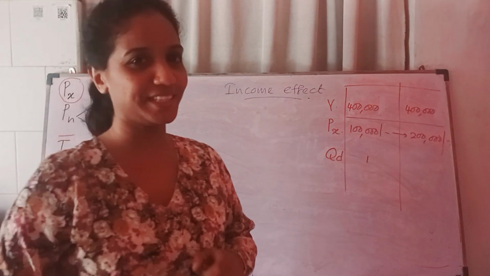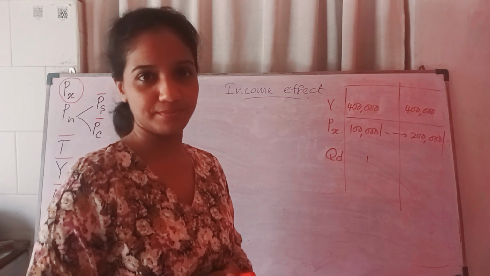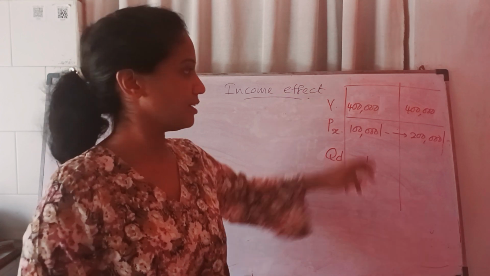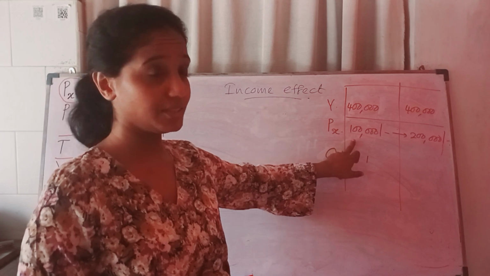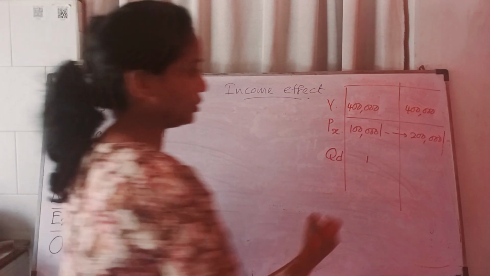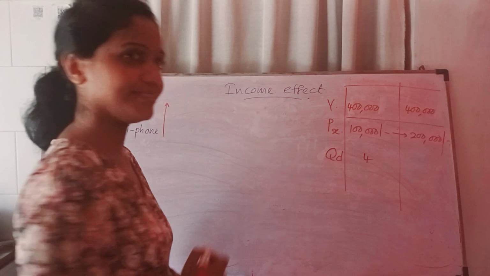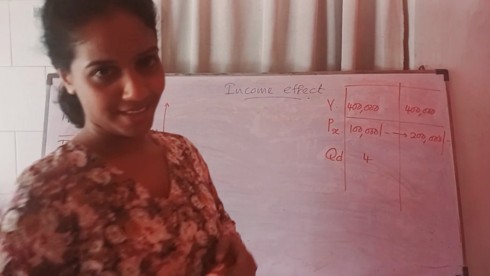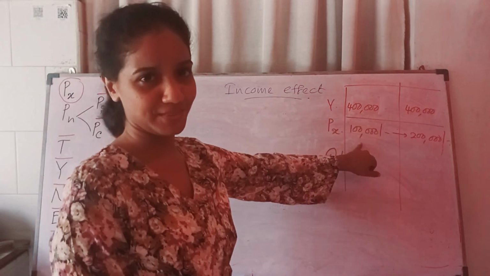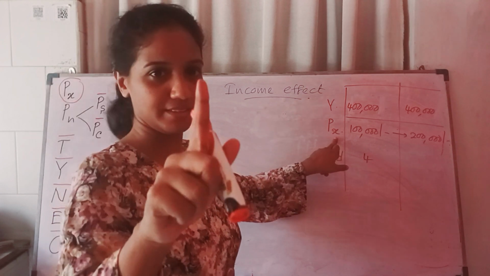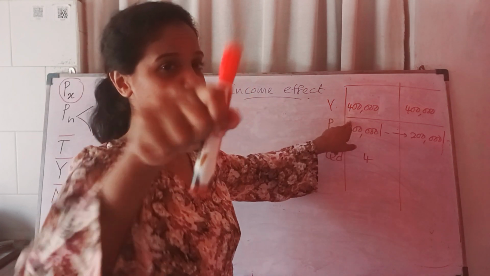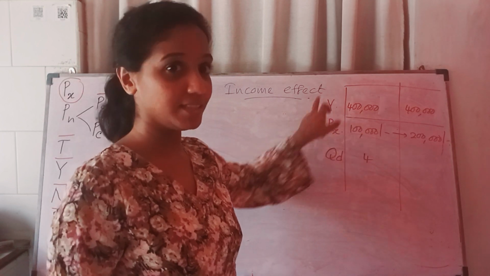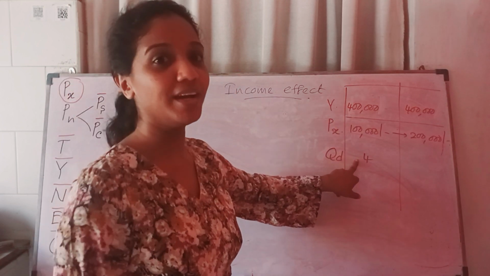Our salary is 400,000 per month, right? So how many units can you get before the price changes? 4 units, not 1. Now you can buy 4 iPhones from 400,000 because the price of one iPhone is just 100,000. You have salary 400,000. Then you can buy 4 iPhones.